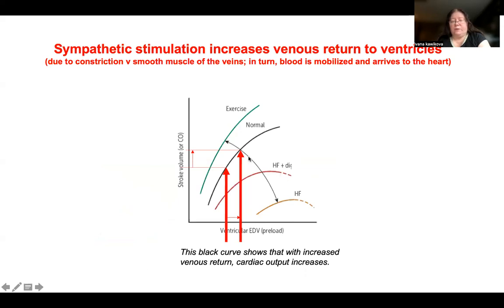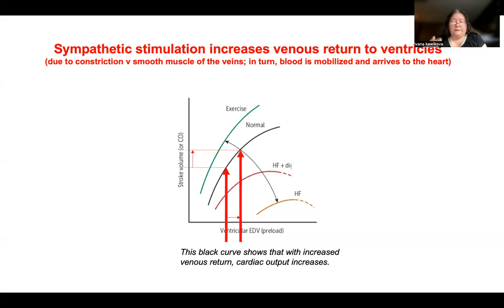Stimulation of veins by the sympathetic system is going to increase venous return. The veins are thinner-walled vessels than arteries, and about 2/3 of blood is stored in veins.